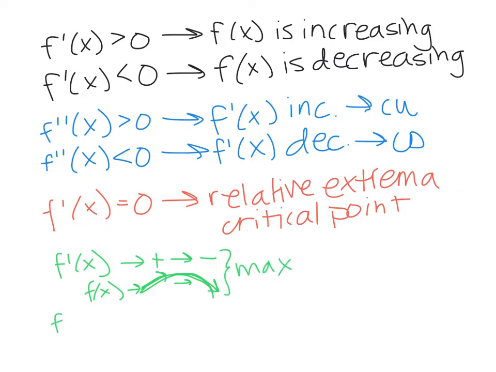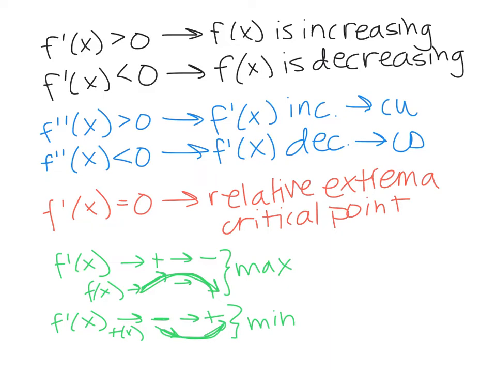And then conversely, if f prime of x changes from negative to positive, or in other words, f of x changes from decreasing to increasing, that would indicate a relative minimum. Okay? So that's your first derivative test. That's how you use your first derivative to get your max or min values.